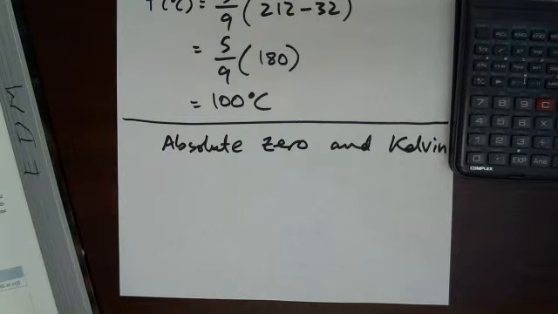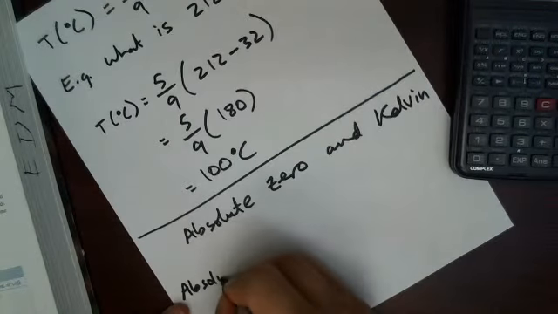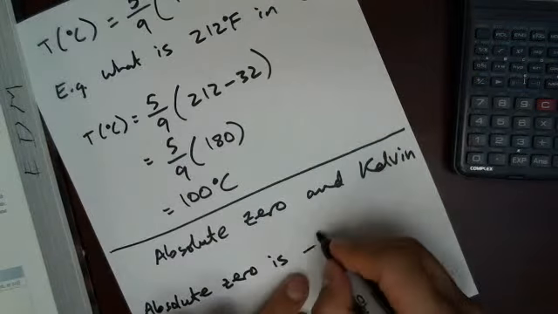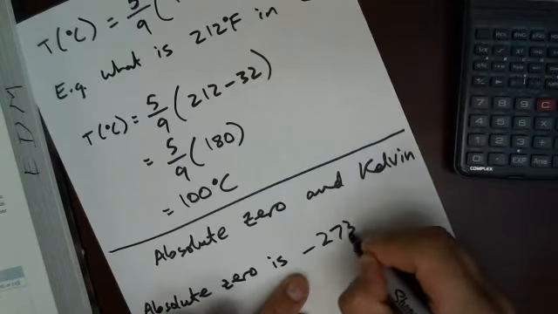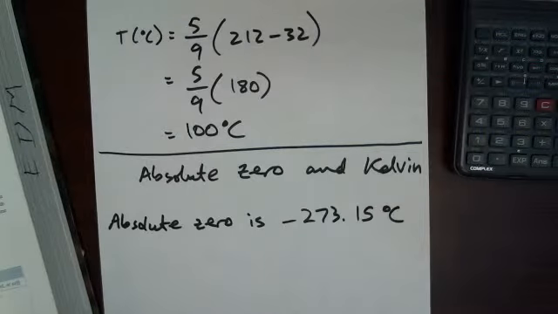But it turns out that there is a minimum temperature you can get to, and that's minus 273.15 degrees Celsius. So I'm not sure what that is in Fahrenheit. So absolute zero is negative 273.15 degrees Celsius. You can't go any colder than that.